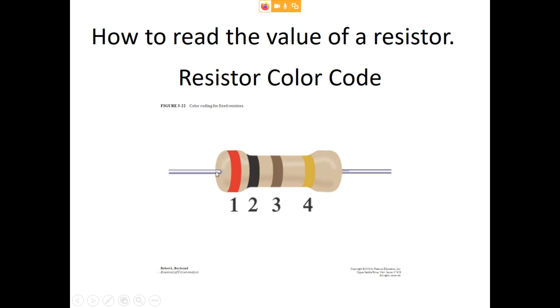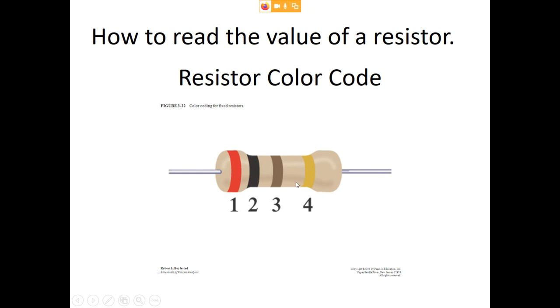It's going to be the stripe closest to the metal terminal. And number 4 here has a much greater distance away from the other metal terminal coming out of the resistor. All right, and so here you can see we have a red, and then we have a black, and then we have a brown, and then a yellow.